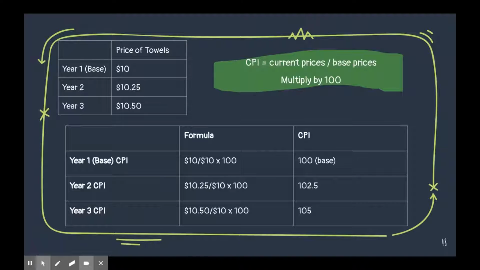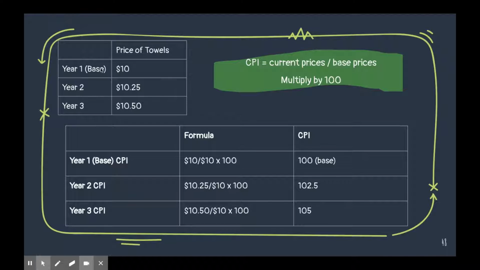So we're going to look at the price of towels, and we have 3 different years. Year 1 is our base year. Remember, our equation is current price divided by base price multiplied by 100. Looking at year 1, which happens to be our base year, the price of towels was $10. That goes into our current price, but it also goes into our base price too, right?